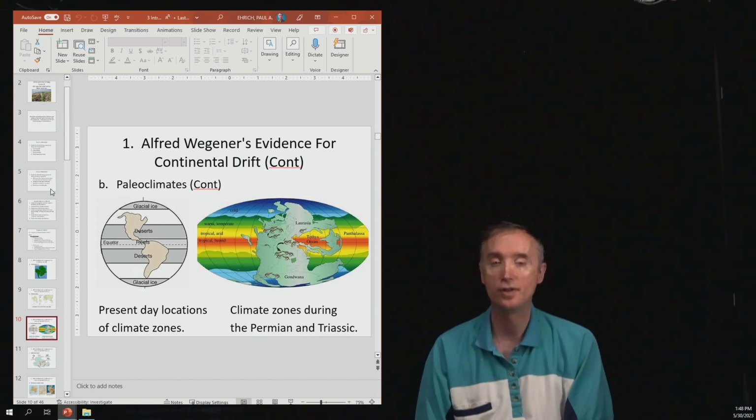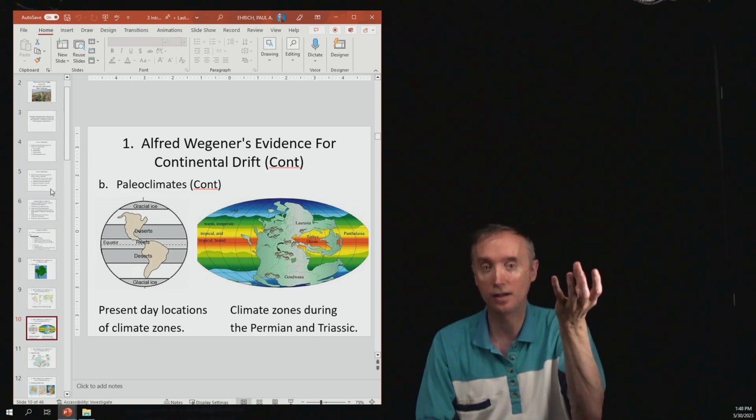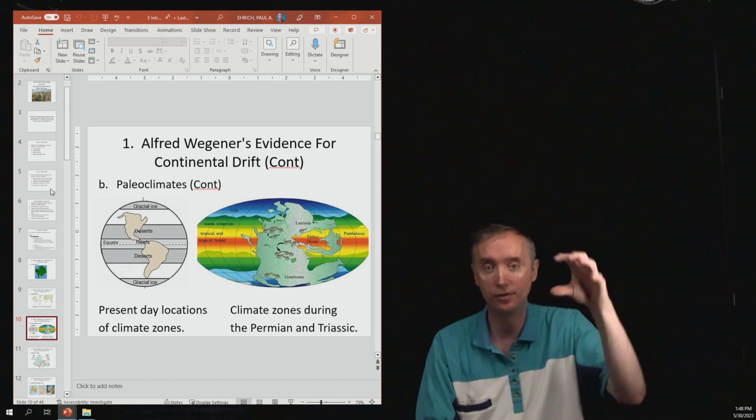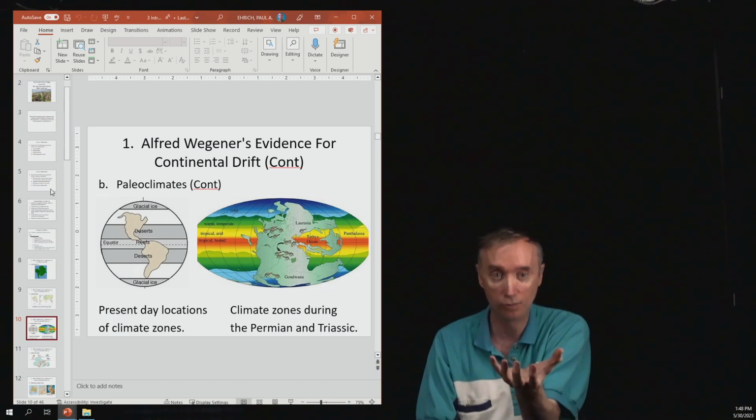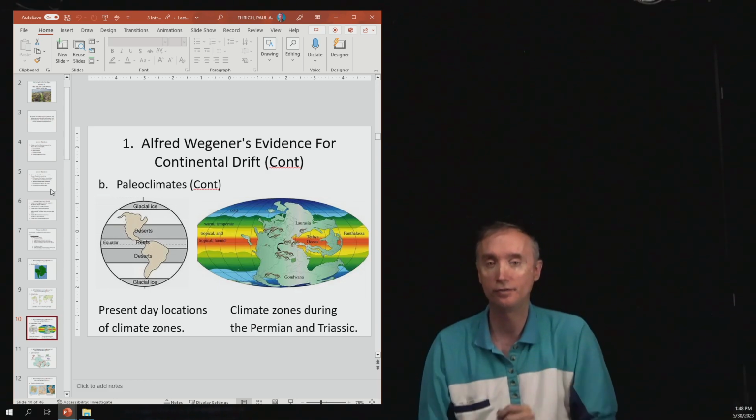So that tells you that in the past, that continent was in a climate zone in the tropics, and then later it moved underneath the earth where it's all frozen. So we've found on different continents paleo evidence, fossil evidence for different kinds of climates.